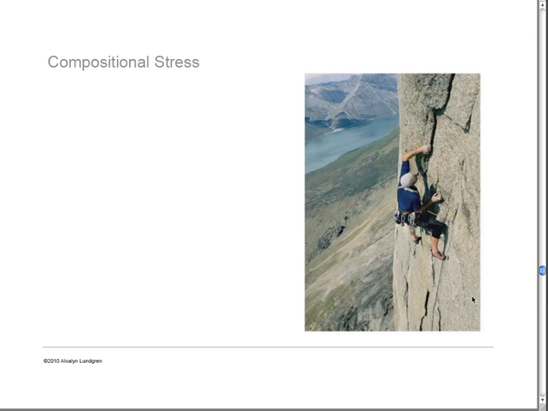In this photograph, the compositional stress is vertical, and the main pull is this. The diagonals that are coming in here are actually secondary, and the diagonals that are on the face of the granite are also secondary. Notice the edge tension: the shoulder of the climber actually meets that division line, and that actually flattens space.